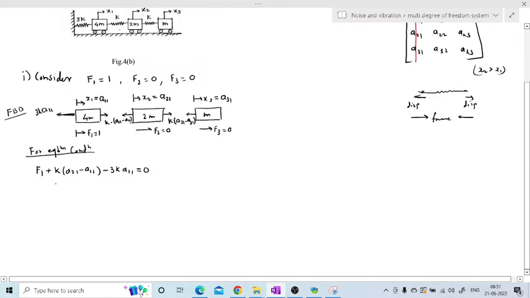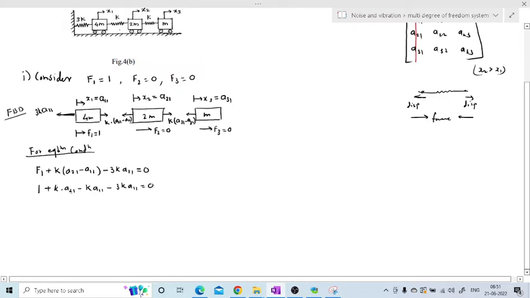Okay, now just put the values. We know F1 is equal to 1, so 1 plus multiply by this K in this bracket, so it will become K into A21 minus K into A11 minus 3K A11 is equal to 0.